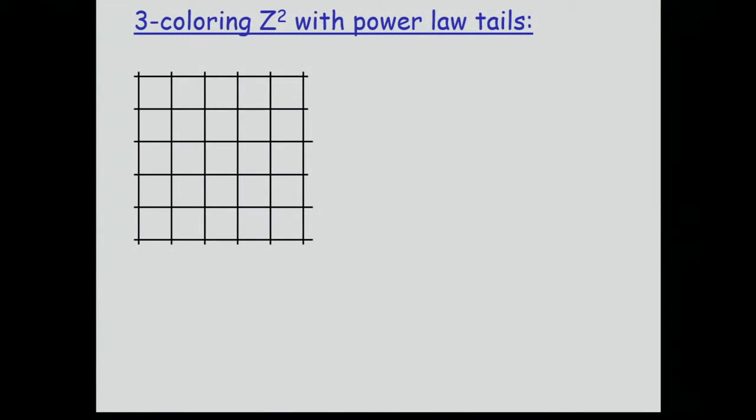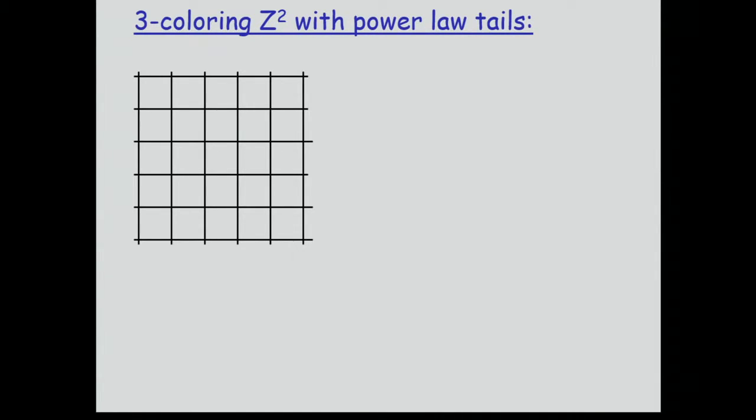Okay, so the simplest one to show you is how to 3-color Z^2. And now, for some reason, the vertices are actually the intersections, not the squares.